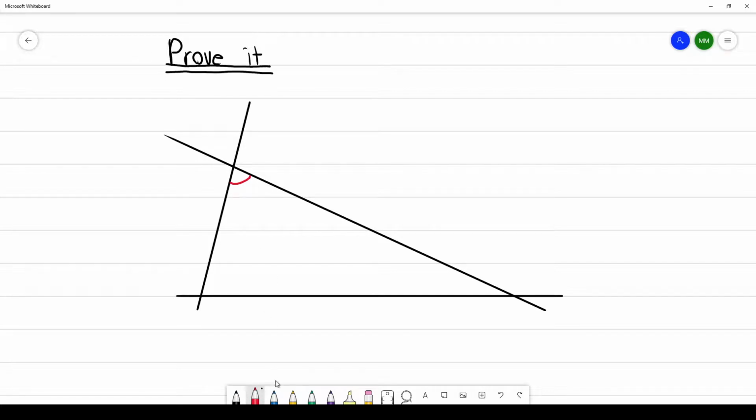Red, blue, green. So red plus blue plus green is equal to 180.